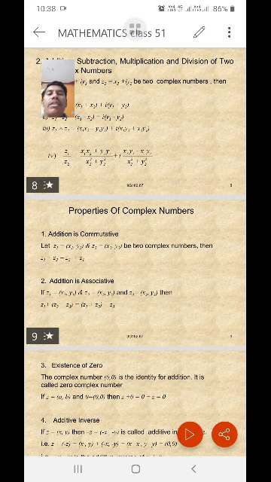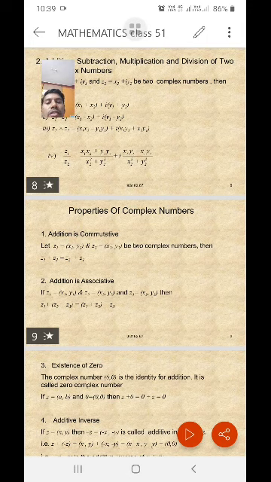Next, properties of complex numbers. Addition is commutative. Let z1 equals x1 comma y1 and z2 equals x2 comma y2 be two complex numbers. Then z1 plus z2 equals z2 plus z1. Addition is associative.